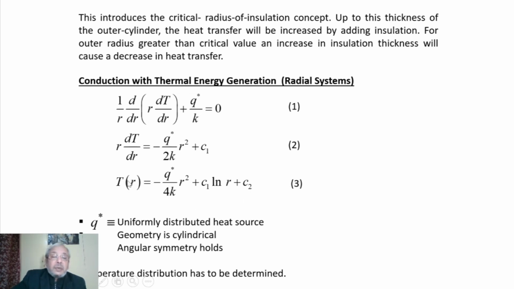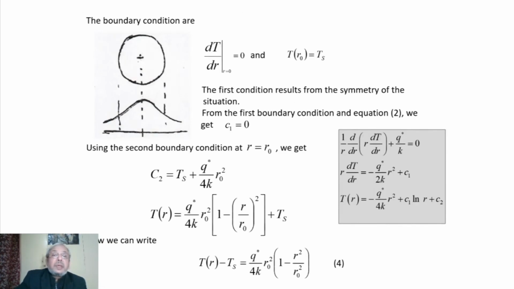This is quite obvious, and here q star is a uniformly distributed heat source, the geometry is cylindrical, and angular symmetry holds good. So the temperature distribution we have found in terms of C1 and C2.